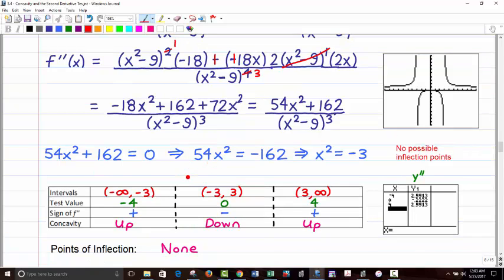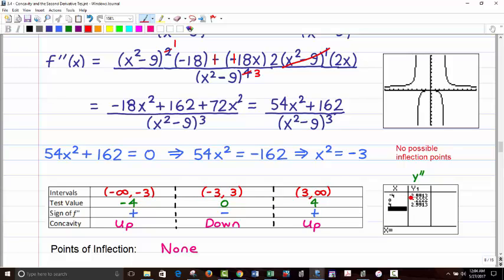So let's see what we have here. Now I use the method I used before, with the dashed lines to represent discontinuities. So I have negative infinity to negative 3, negative 3 to 3, 3 to infinity. Regardless of the change of concavity, we have no points of inflection because we had no possible inflection points.